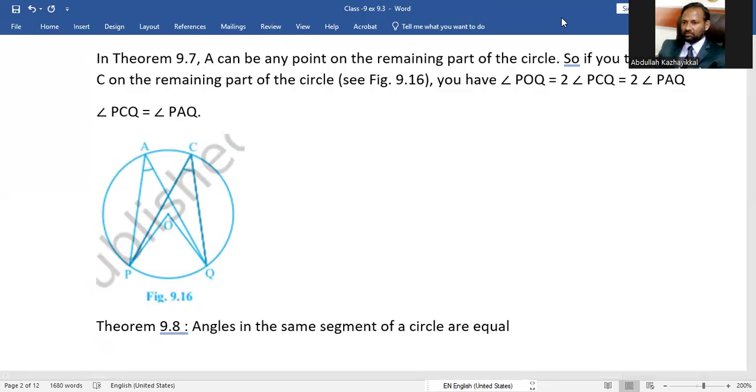That means a cyclic quadrilateral means... I am drawing here. We draw anyway. Circle. My circle is always like this.